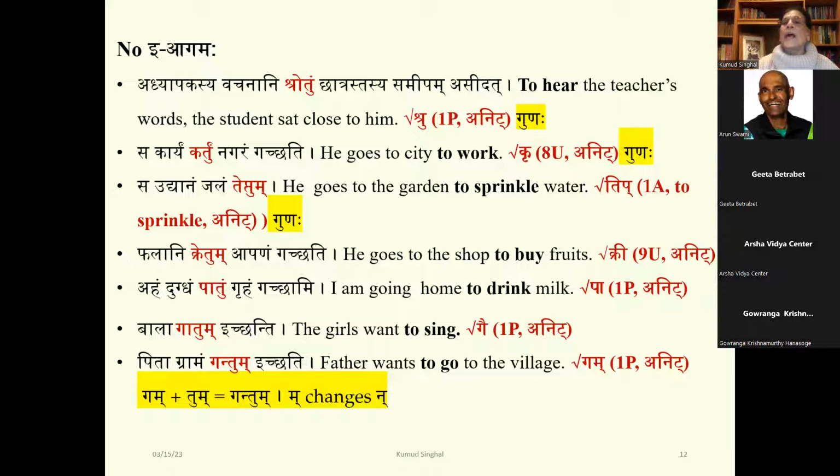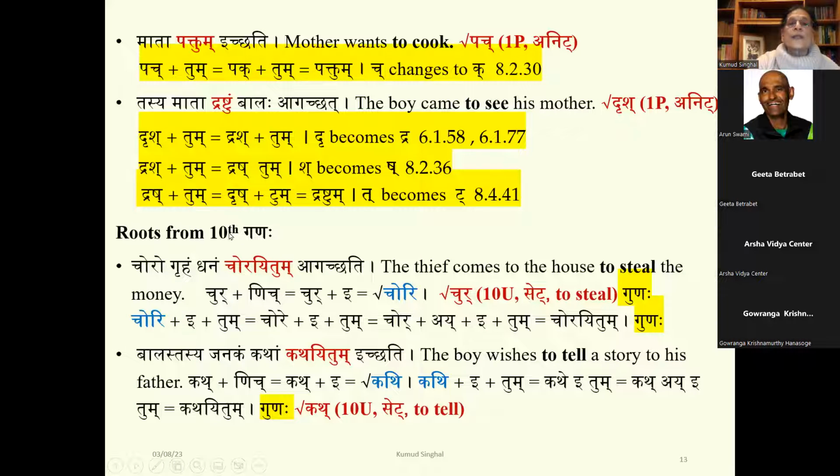And the fourth thing: if the dhatu is from the 10th gana, then you have to add a nich pratyaya to form a new dhatu, and then you add the tum pratyaya. And as far as the guna for the medial and final vowel, it will happen here too.